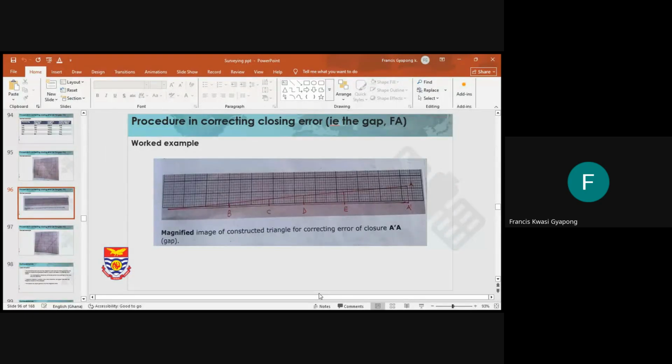Your line AB was going up a bit. So in the next line that you construct, by way of correcting it, you also go up. From the center of the cardinal at B, you are measuring 0.2.